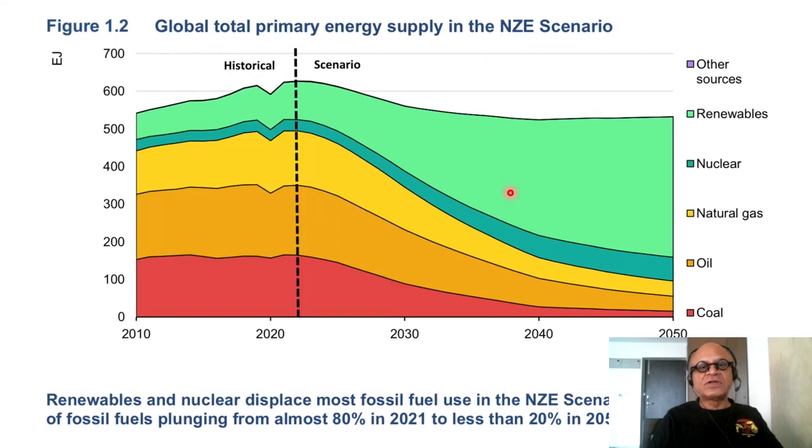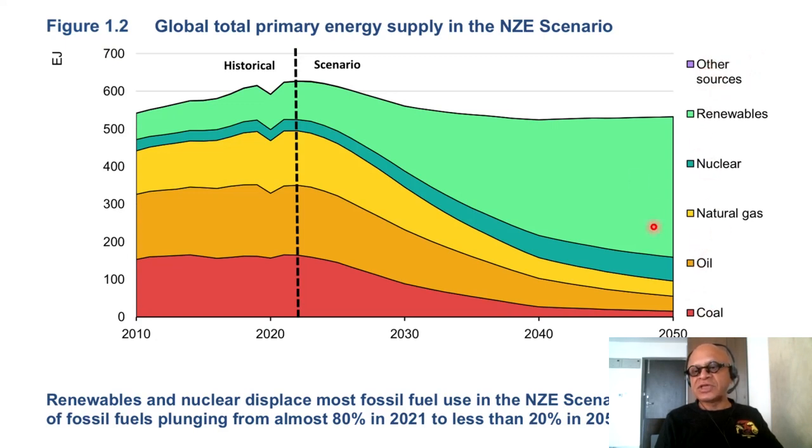In terms of the renewables and nuclear displacing most fossil fuel use in the net zero energy transition scenarios, share of the fossil fuels has to be plunging by 80% in 2021 to less than 20% in 2050. So here we are going from the historic period 2010 onwards to 2021, and so future here is scenario. So we are talking about coal, oil, natural gas, nuclear, renewables, and others.